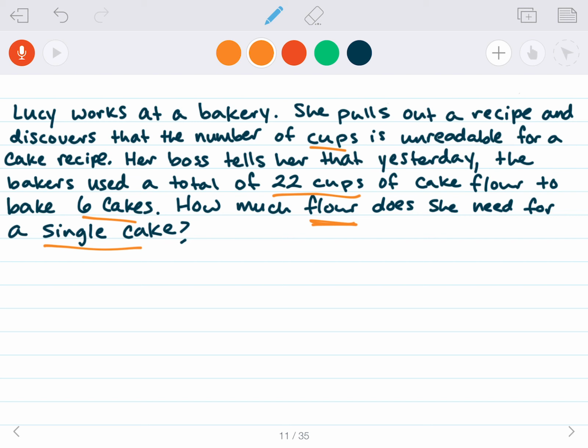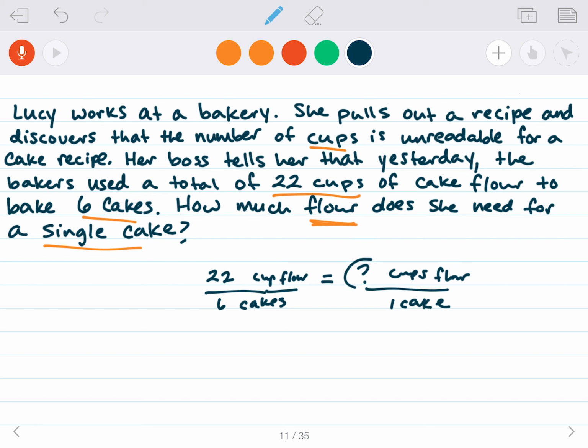So we can set up a proportion here. We can say, well, 22 cups of flour is to 6 cakes as how many cups of flour is to 1 cake. Once we find out what this question mark is, we'll have our unit rate.